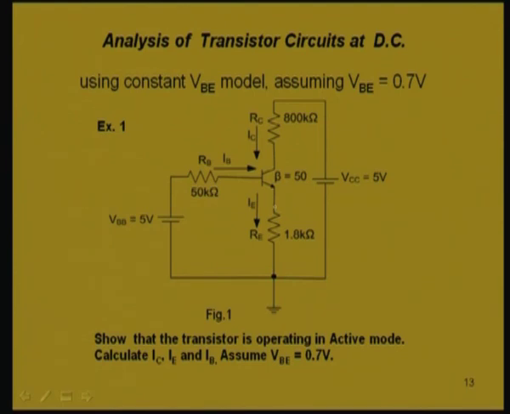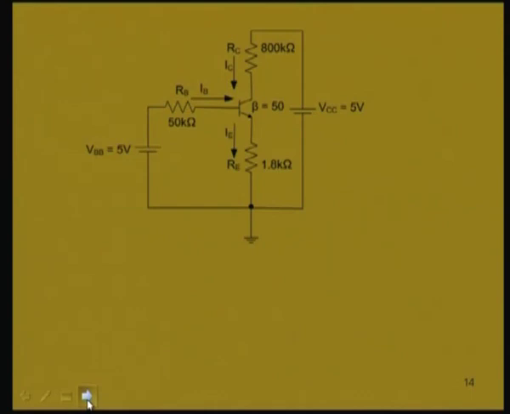To know that, we must see whether the base emitter junction is forward biased and the collector base junction is reverse biased. So, let us do that.